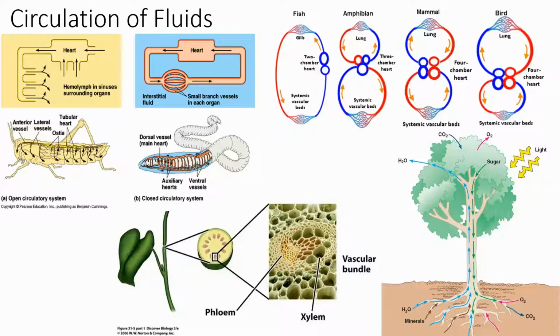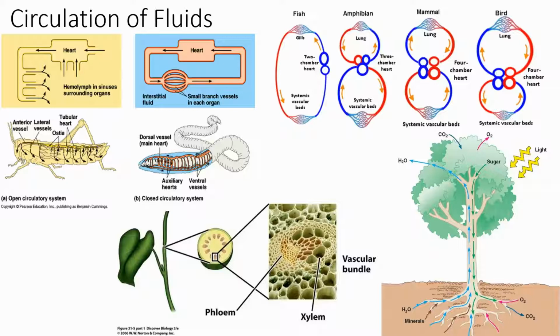We're not going to go over the name, but it collects and it drains from the body into the heart, and then from the heart it gets pumped out, and then it leaves tubes of the circulatory system and just goes out and bathes the surrounding tissues. You can see that as you move from insects, which have a more primitive circulatory system, to something like a worm, you get that evolutionary development where you now have a closed circulatory system.